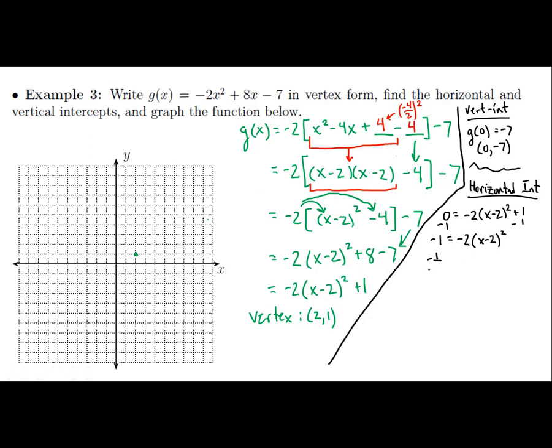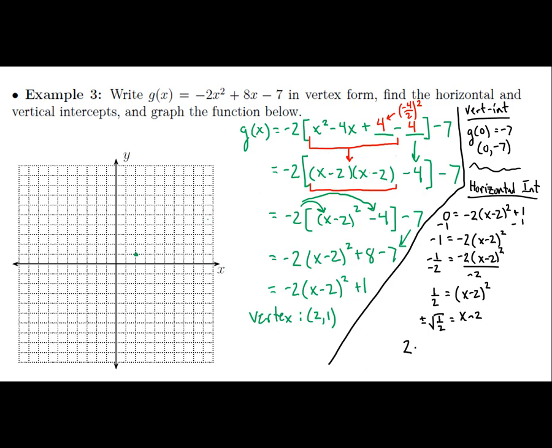And then divide both sides by -2. So we get 1/2 is equal to x minus 2 squared. And of course we can take plus or minus the square root of 1/2 is x minus 2.